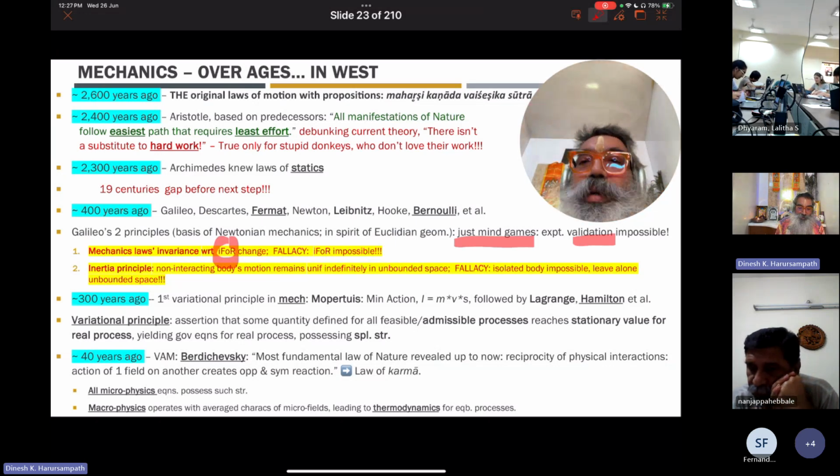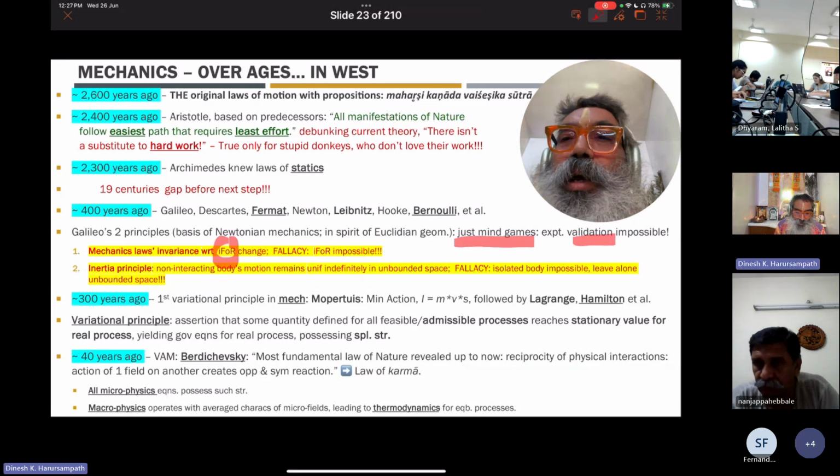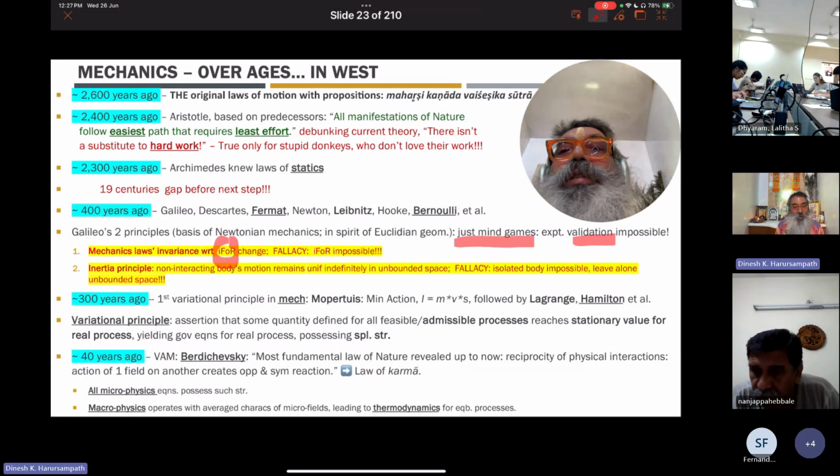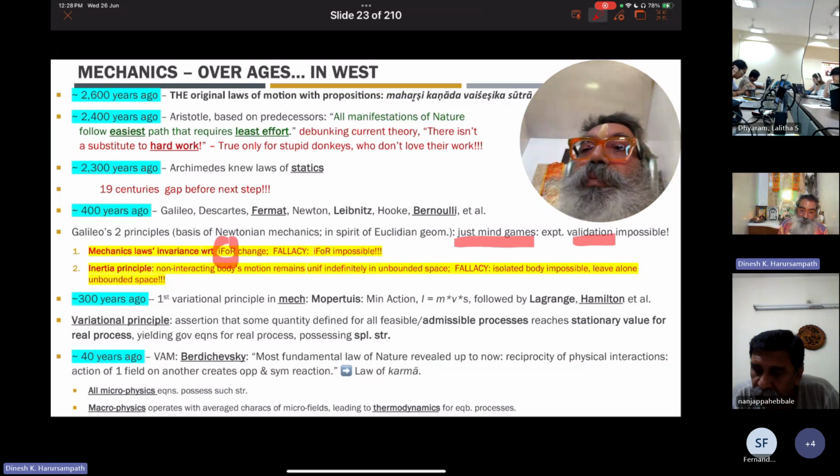Now, coming to the mechanics laws invariance, which is what Galileo built almost all of his theories on, that is valid only when you are referring to a frame of reference which is not accelerating, or which is inertial, as we call it, which is a fallacy. Why?